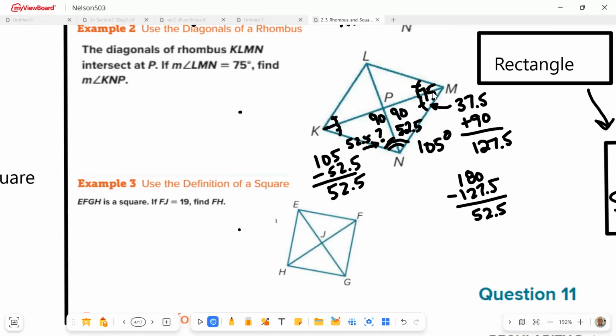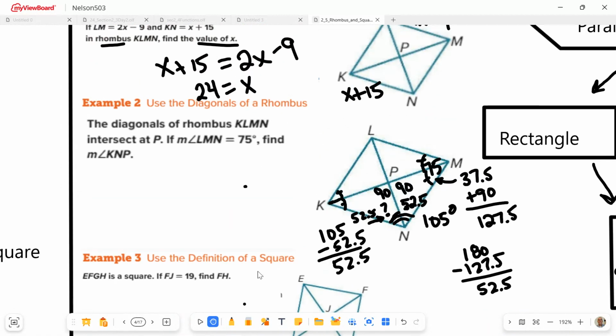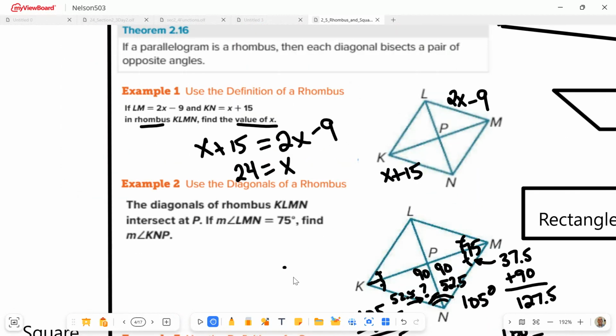This was 75. It's getting bisected, 37.5. Then this whole angle down here is 105, because 75 and 105 makes 180. And if we bisect that 105, we get 52.5. So sometimes doing the example helps us understand the theorem just a little bit better.